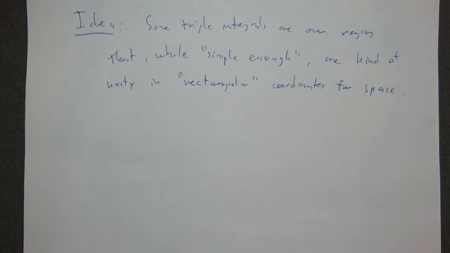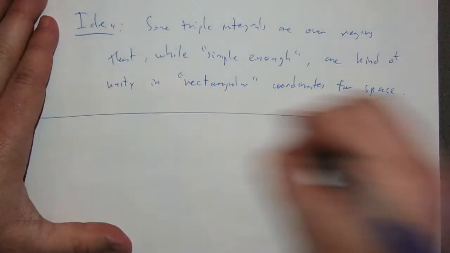It's nice to do kind of the stupidest thing possible. So, moving from rectangular coordinates in the plane to polar coordinates, in space, what do we want to do? What if we just take polar coordinates and we add a z? Well, that's exactly what we're going to do, and that's called cylindrical coordinates.